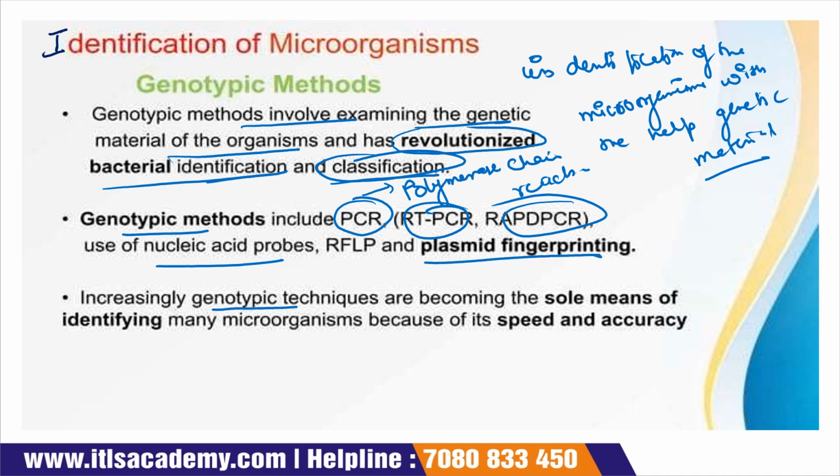Increasingly, genotype techniques are becoming the sole means of identifying many microorganisms because of their speed and accuracy. Because of their speed and accuracy, these genotype techniques have become a more important method for the identification of microorganisms.